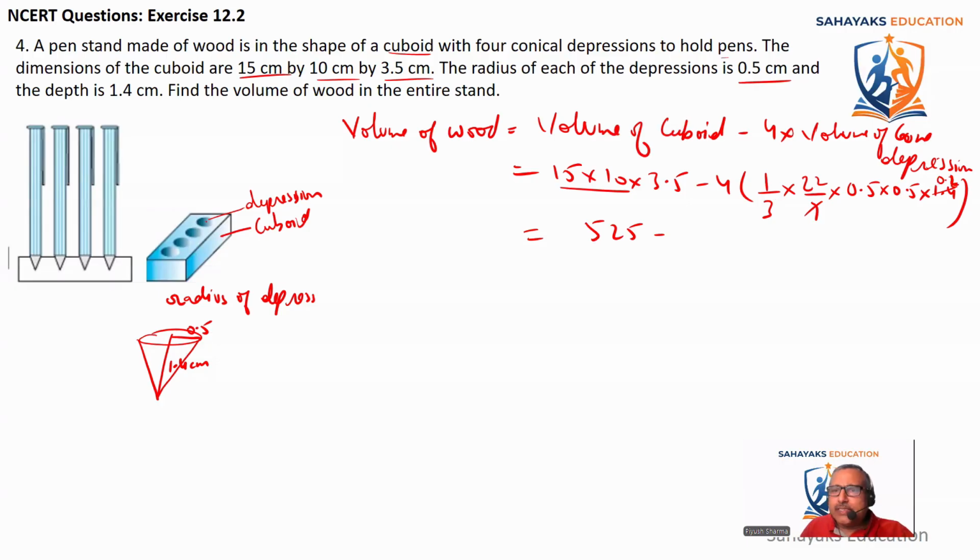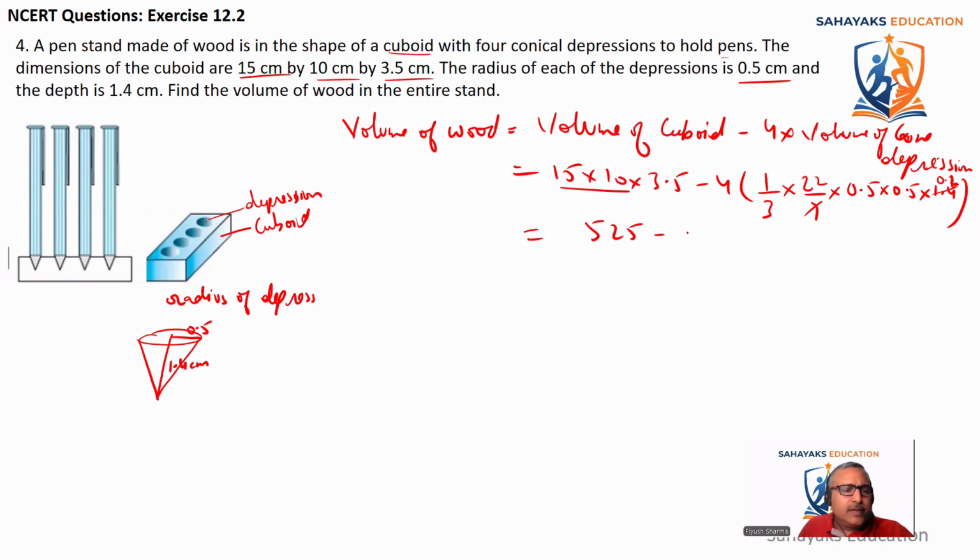I'll just say first 0.5 multiplied by 0.5 multiplied by 0.2 multiplied by 22 divided by 3, into 4.